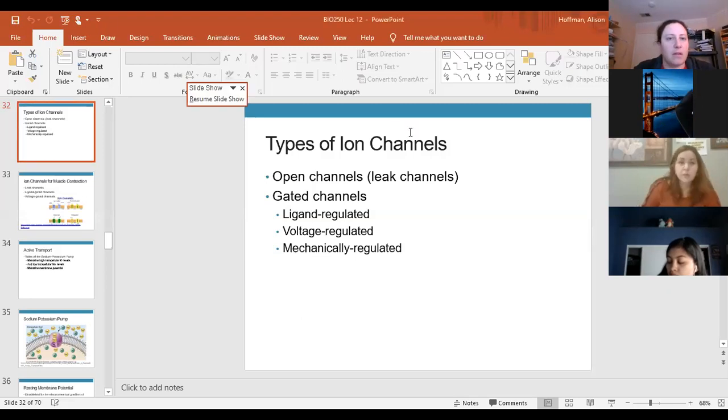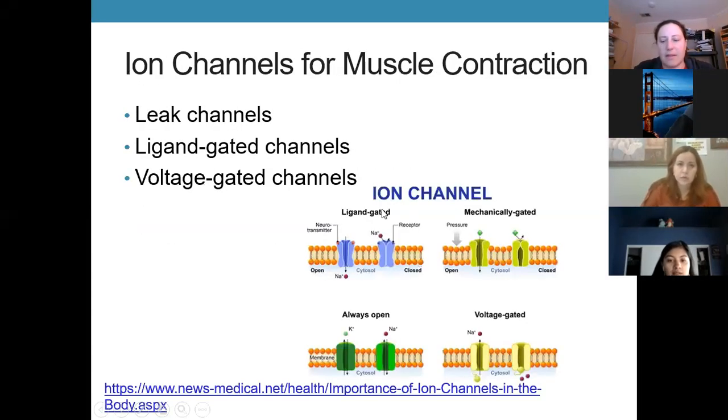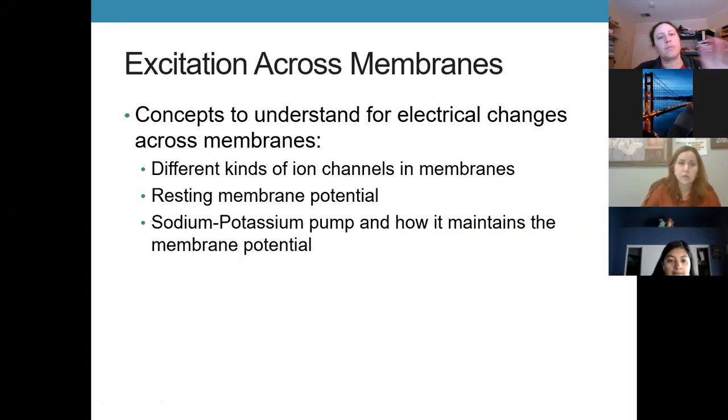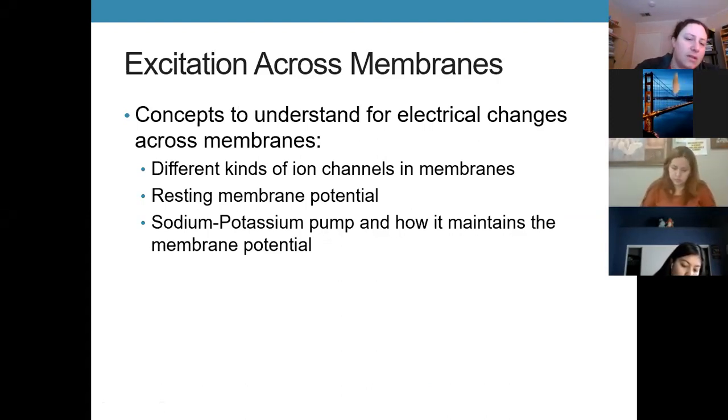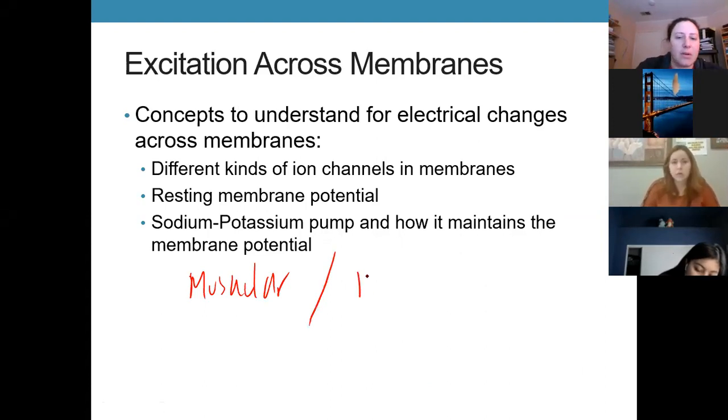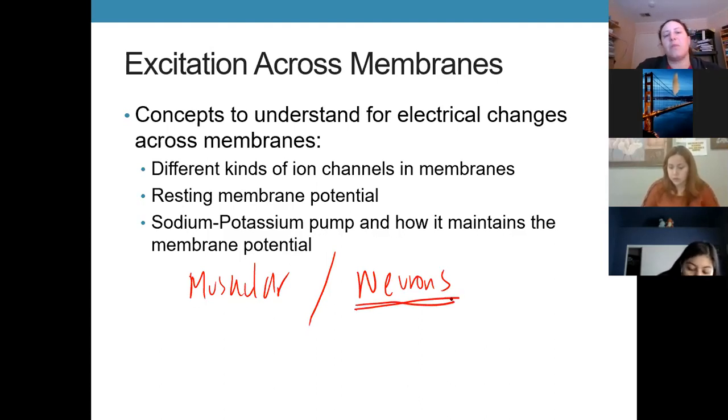So this goes back to your previous question about the types of ion channels. All of this stuff ties in. When we talk about electrical activity, we're talking about changing the charge across the membrane. We have two different types of tissue that do this. Muscular tissue does this, but as we're going to find out in the next chapter, neurons do this too. So this is the way that nervous tissue functions as well.